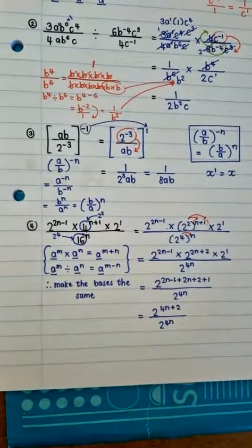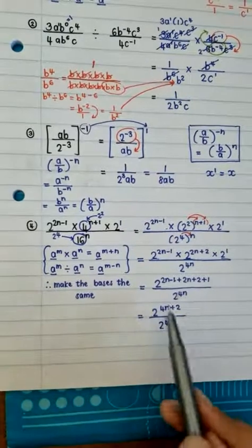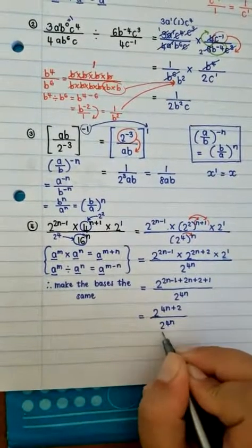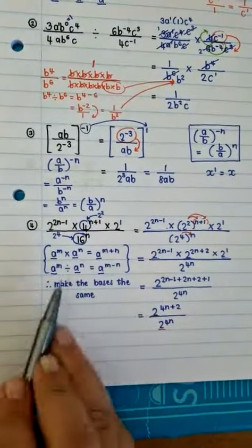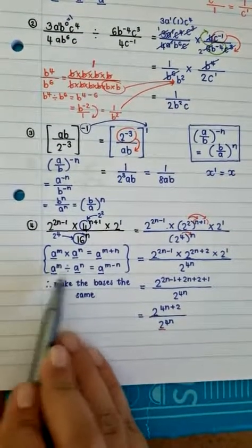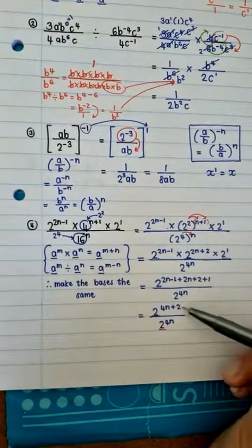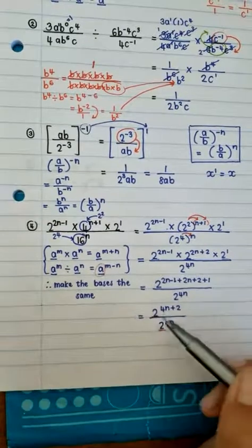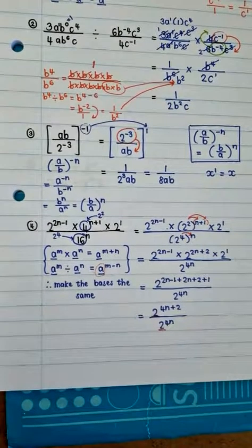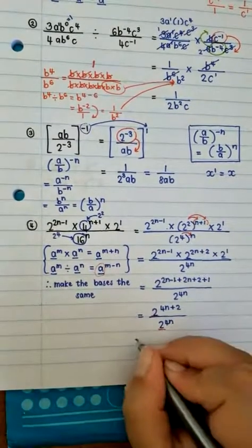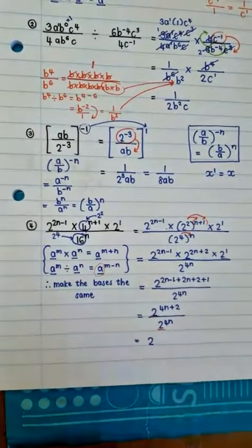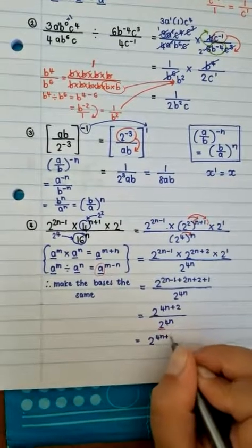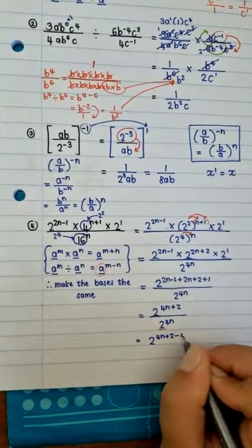Now guys, this might look complicated, but let's go back to the basics, alright? We are now dividing, and we notice that we have the same base. We have a base of 2 divided by a base of 2. What do we do when we're dividing and we have the same bases? We take the top exponent minus the bottom exponent, and we keep that same base. Alright, so again, our answer is going to have a base of 2. We're going to take the top exponent minus the bottom exponent.